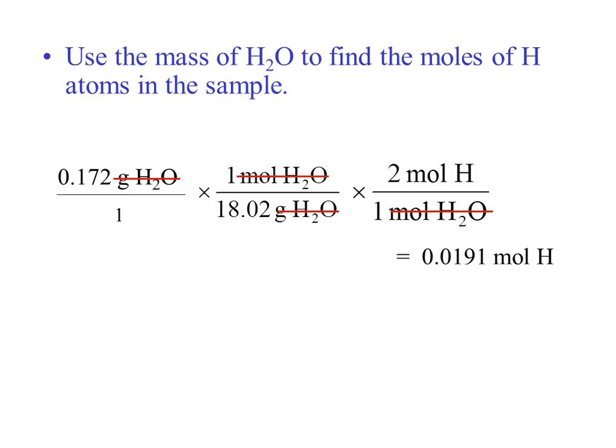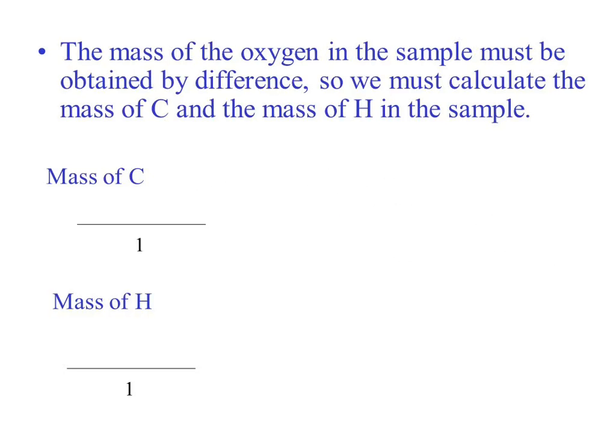So this was just like we did before. Now the next step, like I said, it feels like we're going backwards, okay? But we need to use the moles we just found to say what the mass of the carbon and hydrogen was in the thing that we burned. So if we start with the moles of carbon that we came up with, that 0.00957, do you guys buy this, that we can just look at the periodic table for the decimal number for carbon, the molar mass for regular carbon?